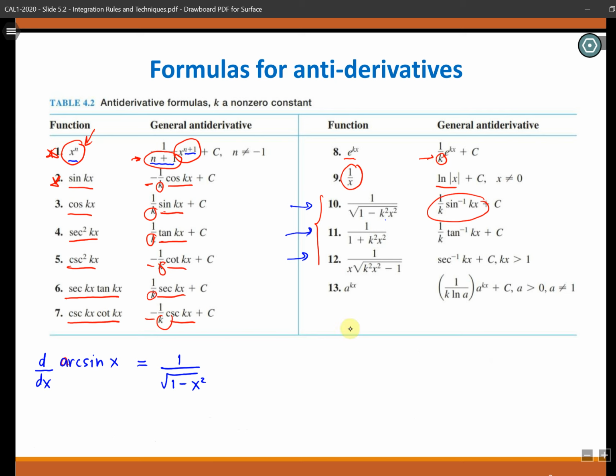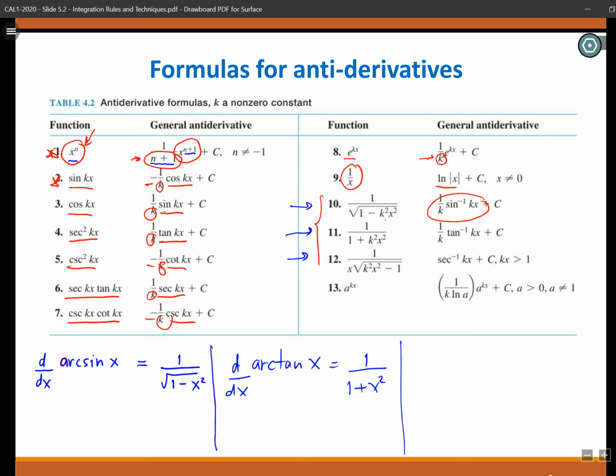We have two more. The derivative of arctan x with respect to x is going to be equal to 1 over 1 plus x squared. And if you do the same thing that I did with the arcsin, you are going to get the formula in the table.